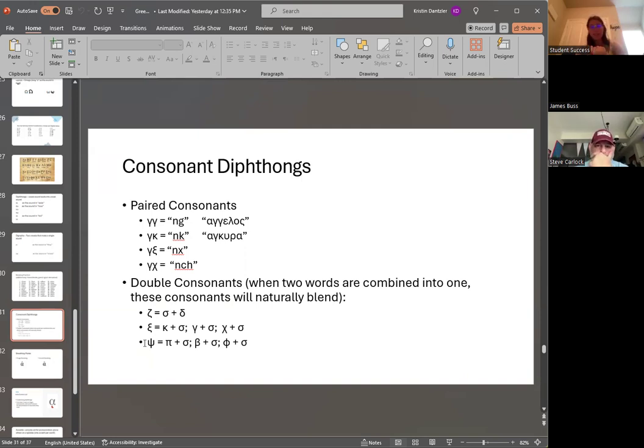And when they combine these two words together, if any of these consonants clash together, like a sigma and a delta, they will drop those two letters and replace them with a zeta. Same with xi, a k and an s. They'll just go ahead and put a xi instead, etc. You can see all the examples here. And that's for ease of writing and for speaking too.